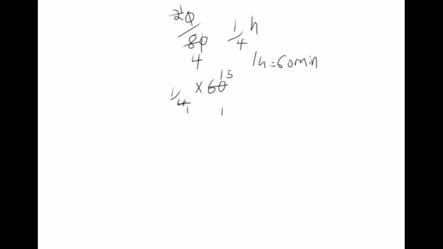Our speed here is 80. Then simplify. 0 will cancel 0. 2 divided by 2, 1. 2 divided by 8, 4. We have 1/4 hours. Convert it into minutes by multiplying by 60, since 1 hour is 60 minutes. By 4, 1. By 4, 15. 15 minutes.